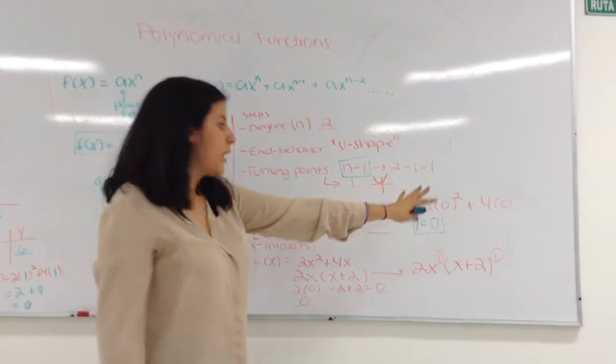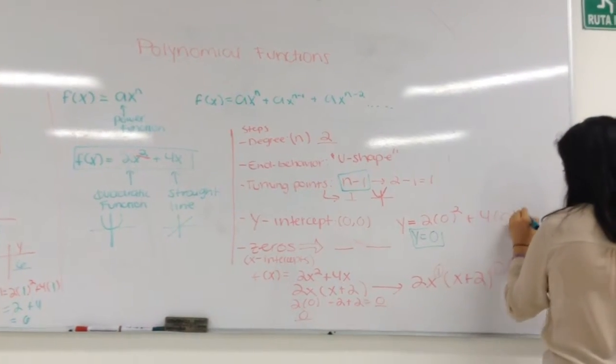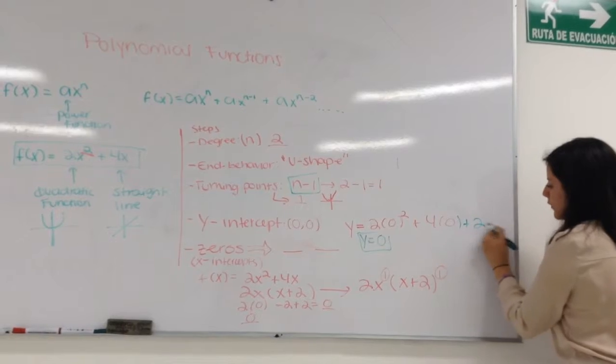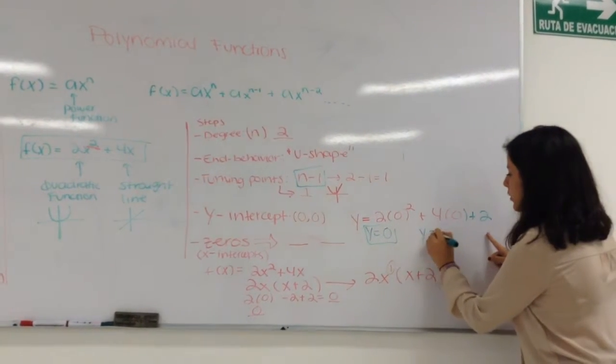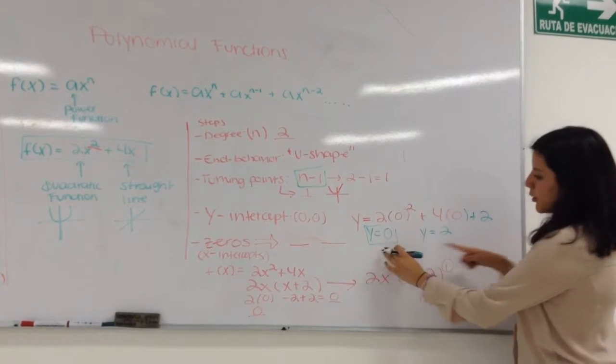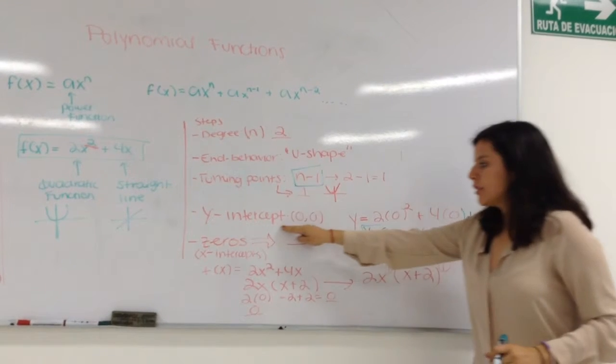Sometimes it might give us another number if we have something like plus 2, and notice that x here gives us y equals 2. But in this case, we have that y equals 0. So the y-intercept is (0, 0).